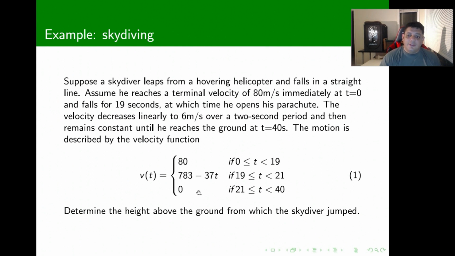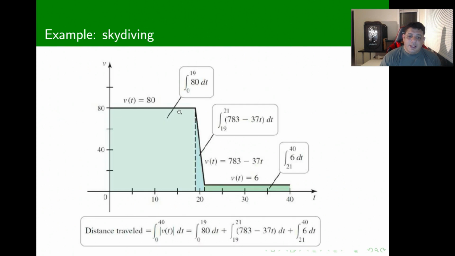It's going to be constant velocity until it reaches the ground at 40. Now, with this, we can determine the height above ground from which the skydiver jumped. We have the initial position, of course, and from this it is only a matter of calculating the distance traveled.